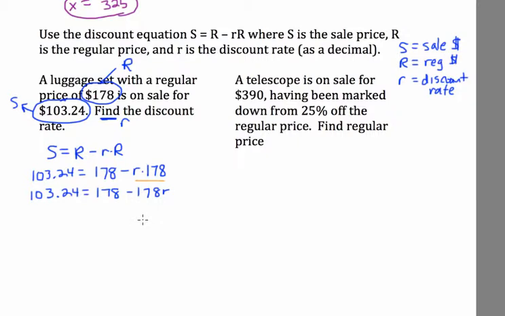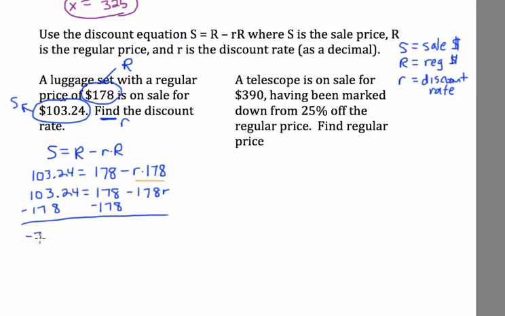Now, all I have to do is go through my solving steps. First, can I simplify? Nope, both expressions are already simplified. Second, are there r's on both sides? No, we only have the r on one side, so we can skip right to the solving steps. Undo what's been done to the x, or the r in our case. So subtract 178 from both sides. Again, use a calculator.